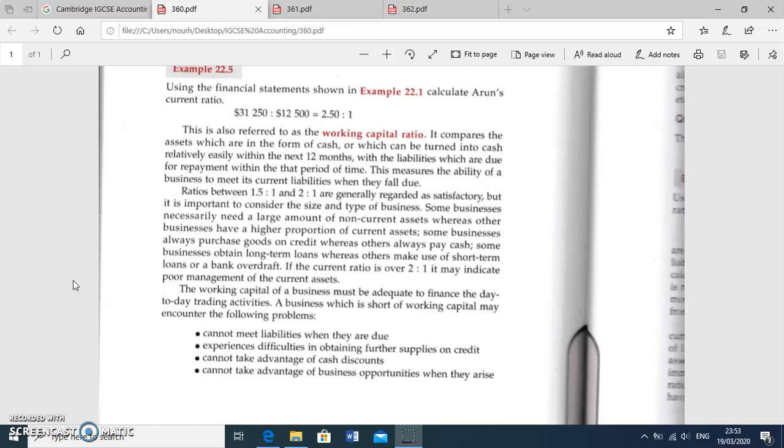So if this ratio lies between 1.5 to 1 or 2 to 1, meaning the current assets are 2 times the current liabilities, this will be satisfactory for the business. More than 2 to 1 means that the current assets are more than double the current liabilities.